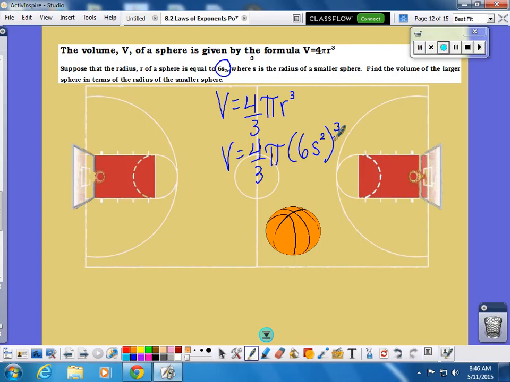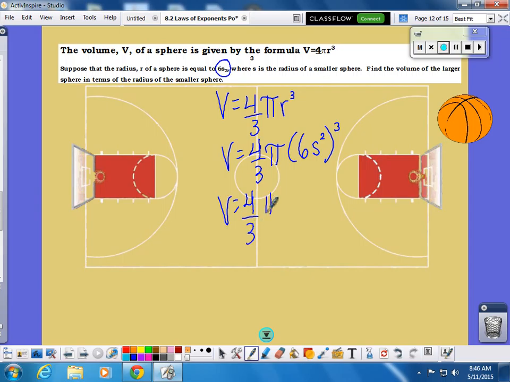Now 4/3 and pi, they're already numbers, okay? What is 6 to the 1 times 3 power? 6 to the third. What is 6 to the third? You asked me a while ago. 216. So 216, s to the 2 times 3 is 6, right?